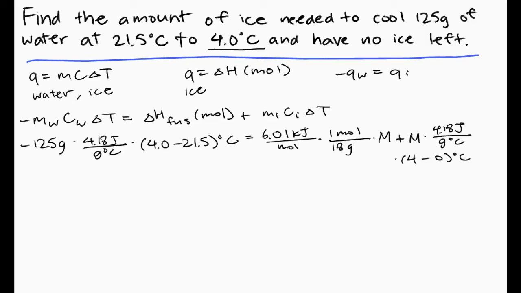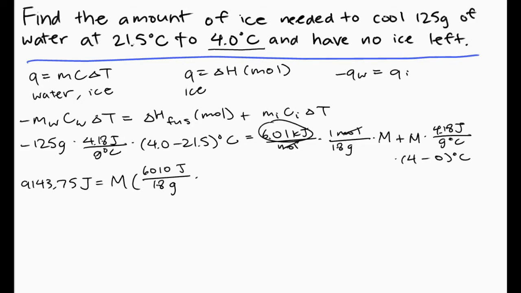So calculating the stuff on the left side, we get 9143.75 joules. And on the right side, we can factor out the mass and calculate the stuff inside. We can change this to joules because the specific heat capacities are in joules while this is in kilojoules. So we have 6,010 joules, and since these moles cancel out, this is over 18 grams.